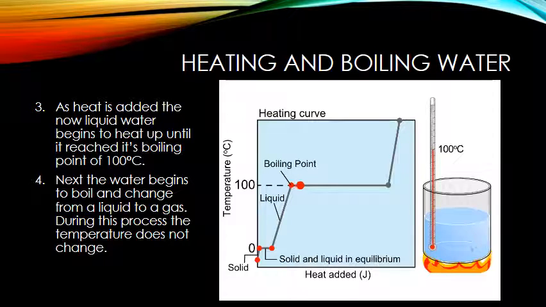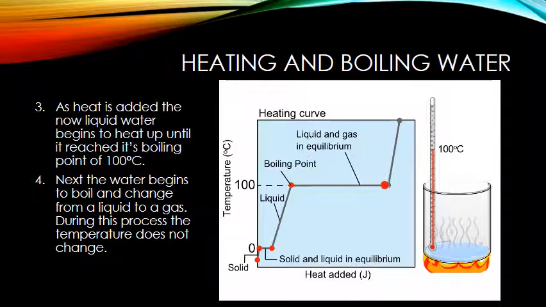That is its boiling point. So as we go from liquid to the gas phase, you can see that the beaker completely empties of all the water. So all the water is going from liquid to gas and boiling and evaporating away. During that process of changing from the liquid to the gas, the temperature of the liquid does not change. Our thermometer didn't change its temperature.